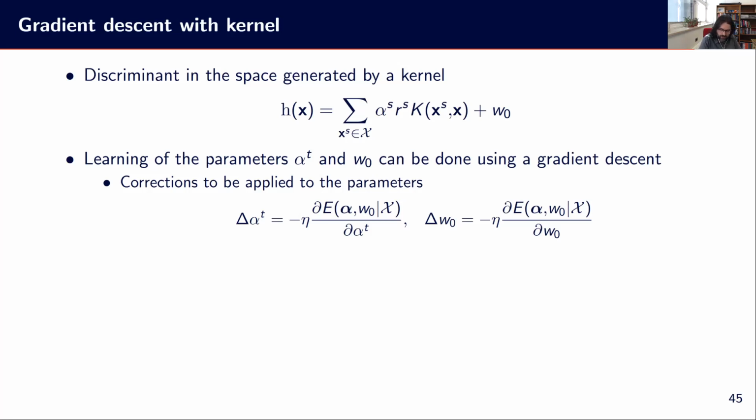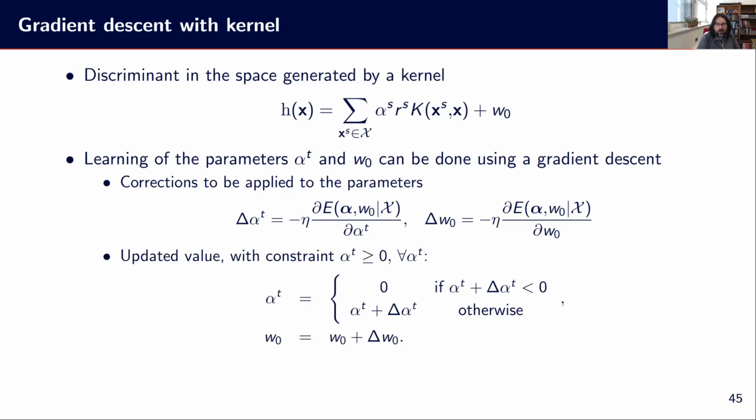We will make a gradient descent over the alpha t and a gradient descent over the W0: minus learning rate times the partial derivative of the error function according to alpha t or according to W0. Basically it's the same thing that we saw last week on gradient descent, but instead of doing gradient descent on the W's, we are doing gradient descent on the alpha.